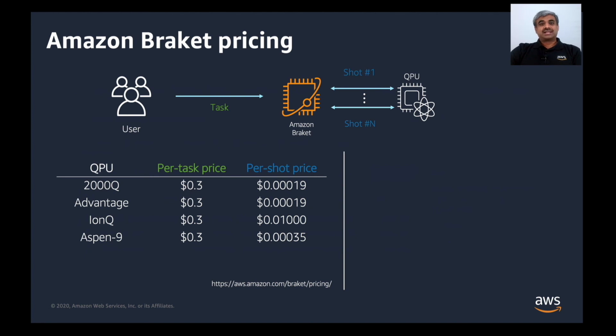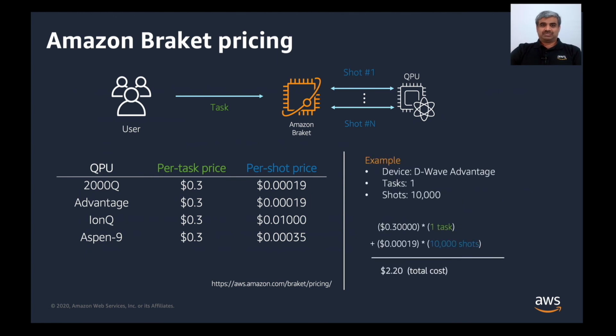A single circuit execution and measurement is called a shot. So the number of shots or repeated executions for a circuit is chosen based on the desired accuracy of the results. So we've got an example of a calculation to give an indication of how much it would cost.